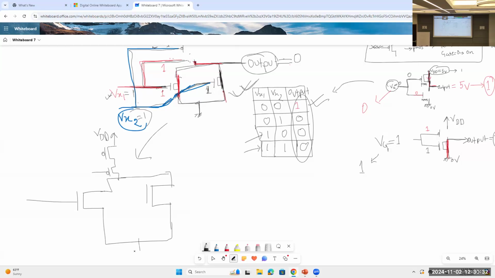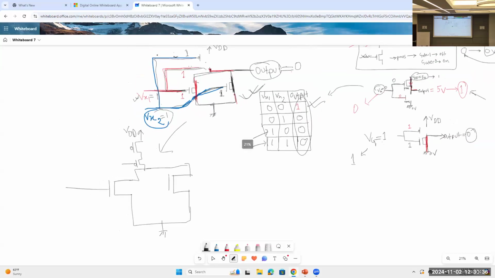Okay, so simply this is the NOR gate that we have shown. I have just read on this circuit here. So this is NOR. From where did we get the concept of NOR?